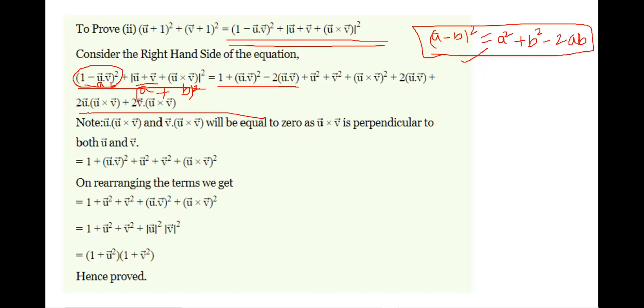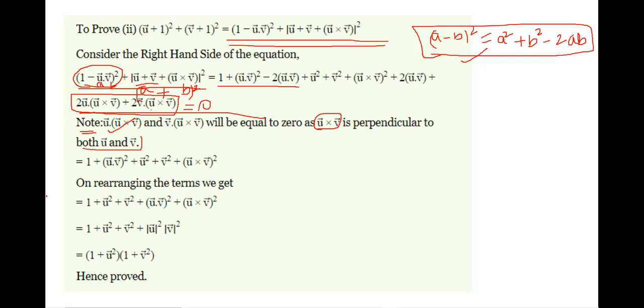Now they have given a special note here. What is that? u vector dot (u vector cross v vector), and v vector dot (u vector cross v vector). These two terms will both be equal to 0. Why are they equal to 0? As u vector and v vector are perpendicular to each other.